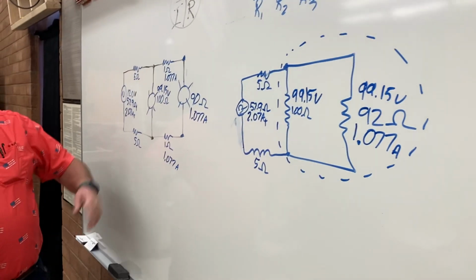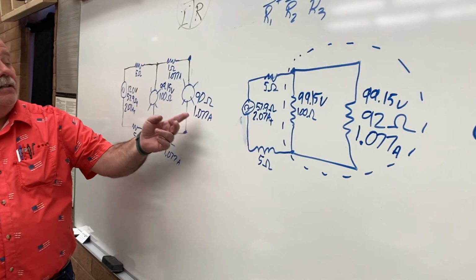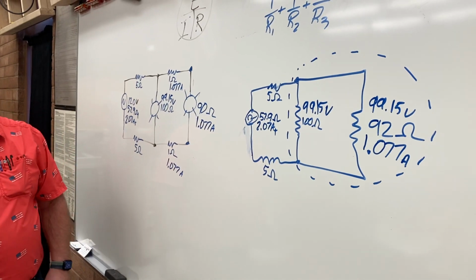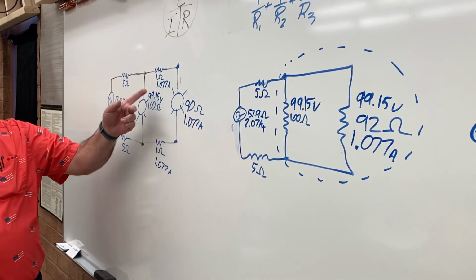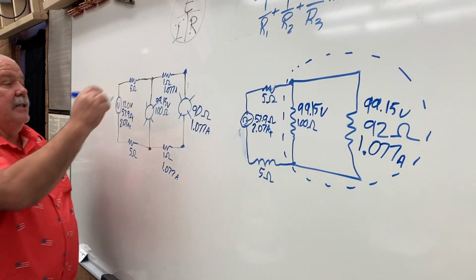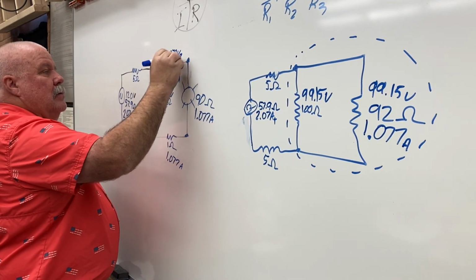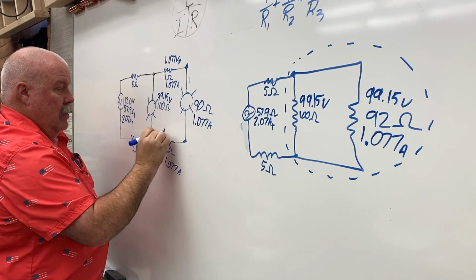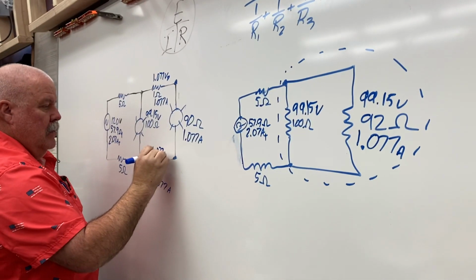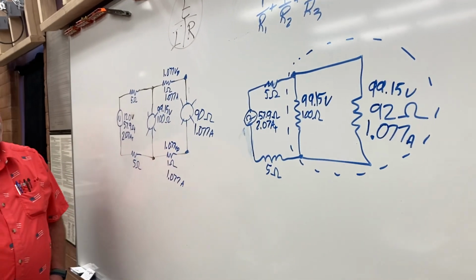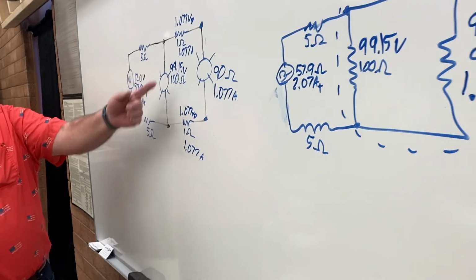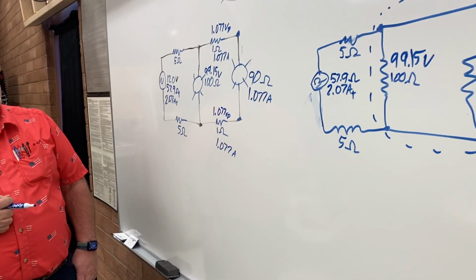Okay, and then we can take 1.077 times 90 and it'll tell us the voltage drop across each one of these. 1.07 times 1, that one's easy. Take 2 volts away from this, 97.